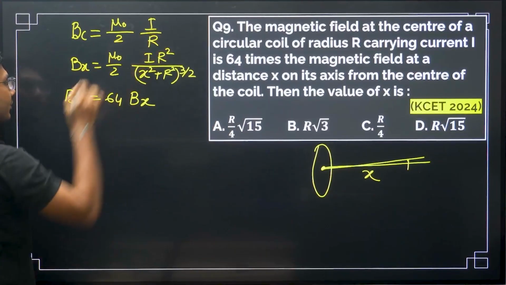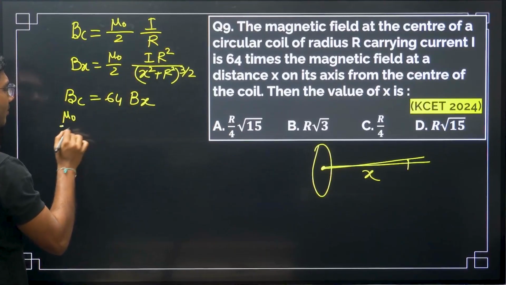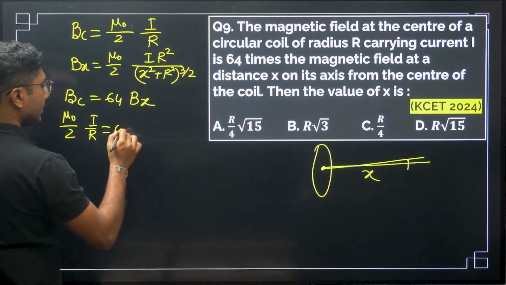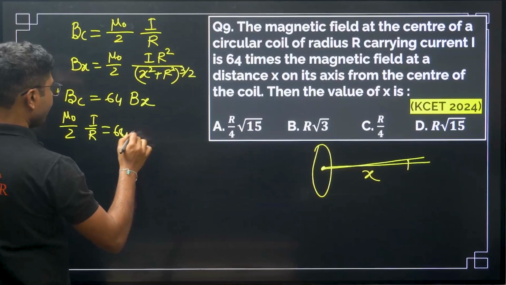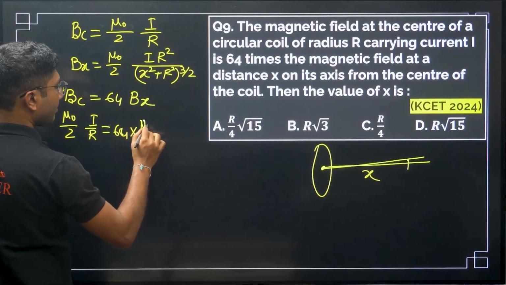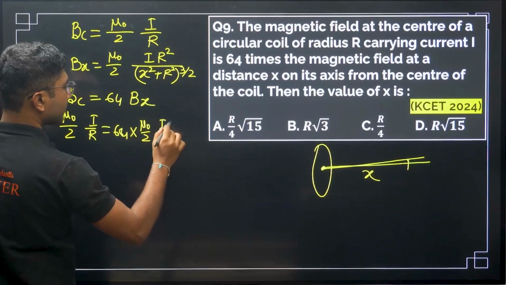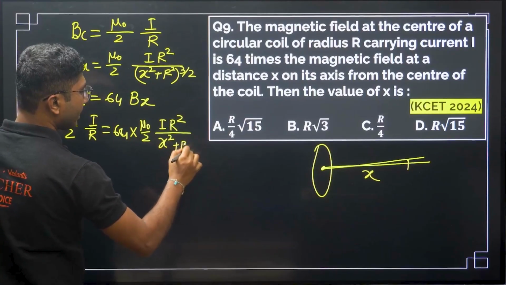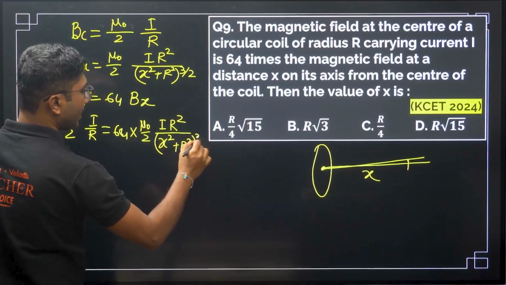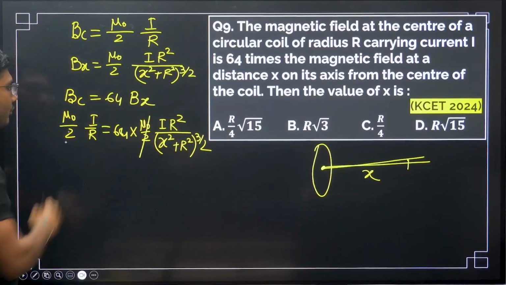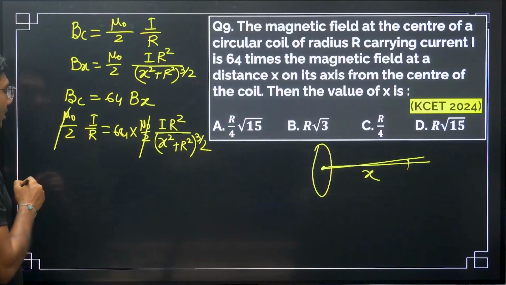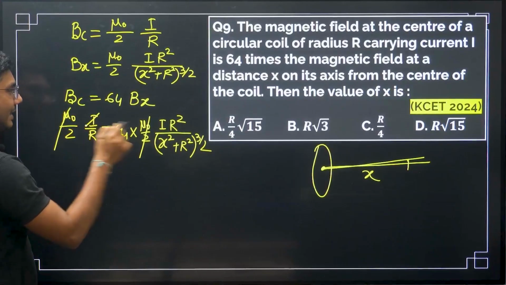Now we have to put these values. Mu naught by 2 I by R equals 64 times mu naught by 2 I R square divided by (x square plus R square) to the power 3 by 2. So mu naught by 2 cancels, I cancels.